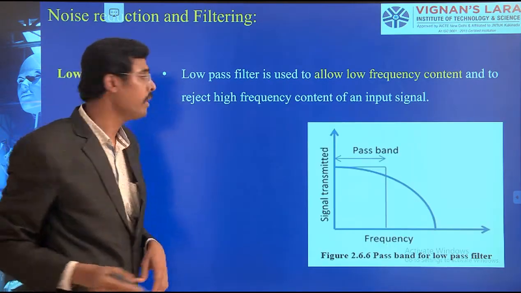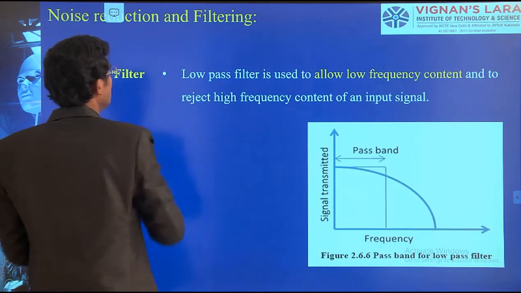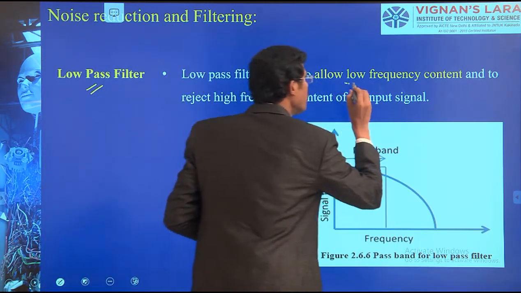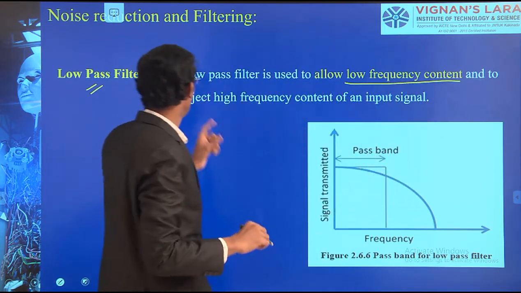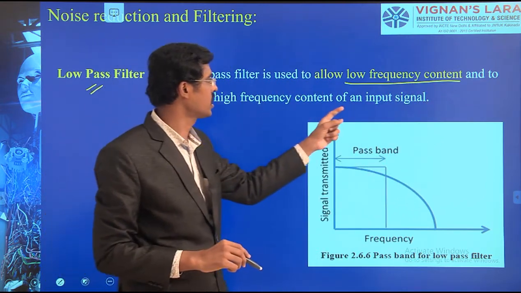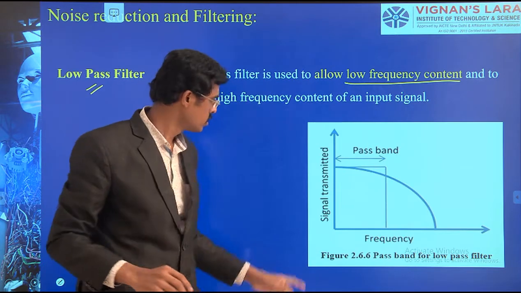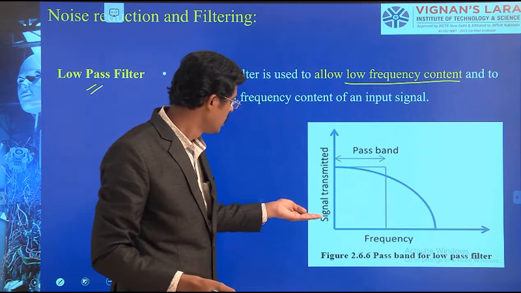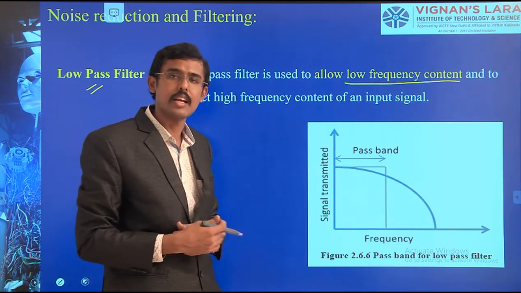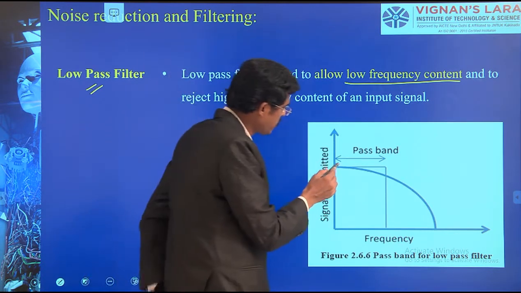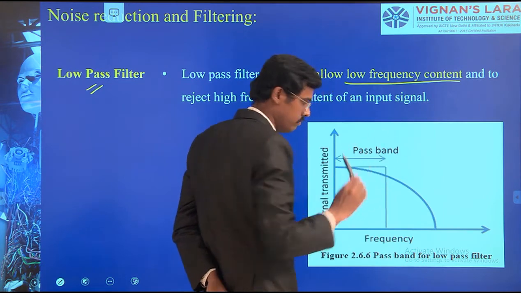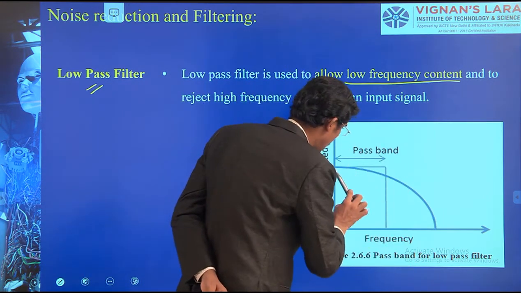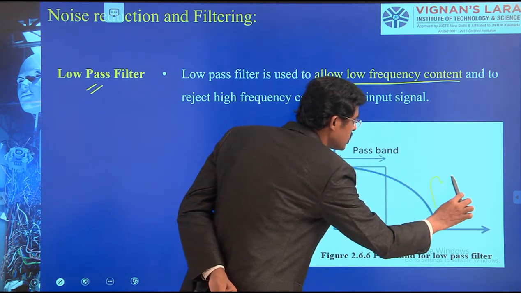Now we come back to the low pass filter. The low pass filter is used to allow low frequency content and to reject the high frequency content of an input signal. In the x-axis I have frequency, in the y-axis I have the signal transmitted. Say I am talking here, and I have started to talk.